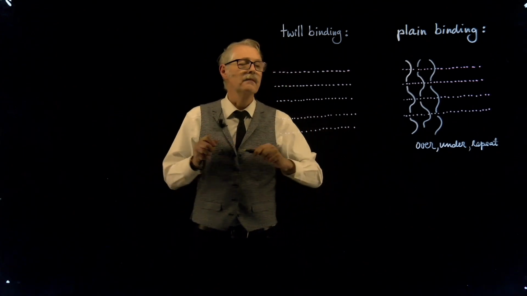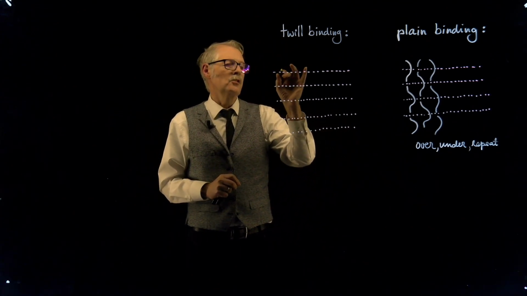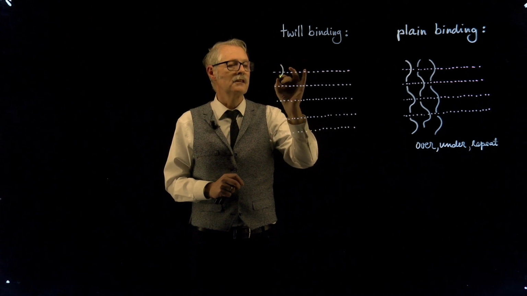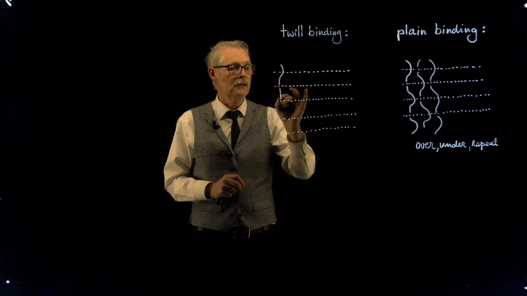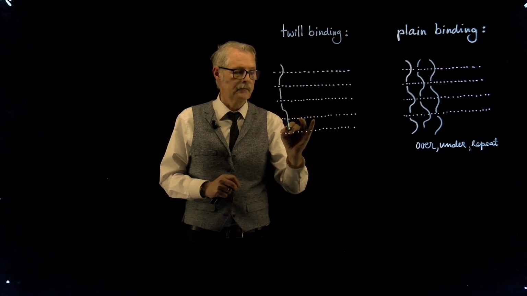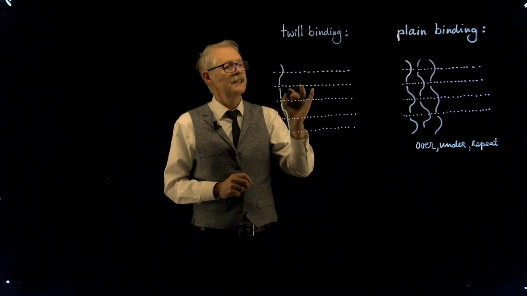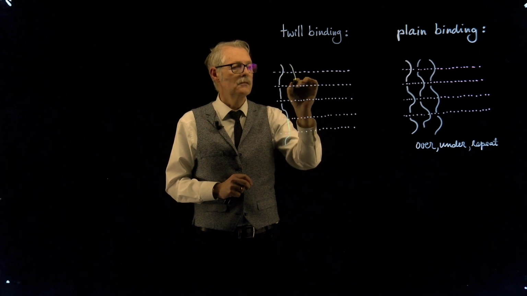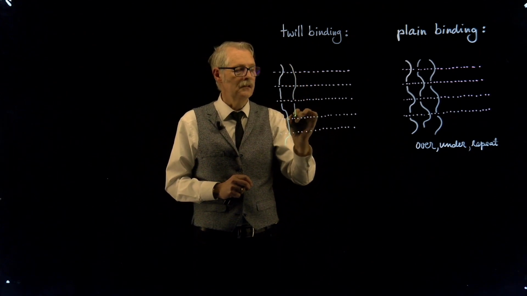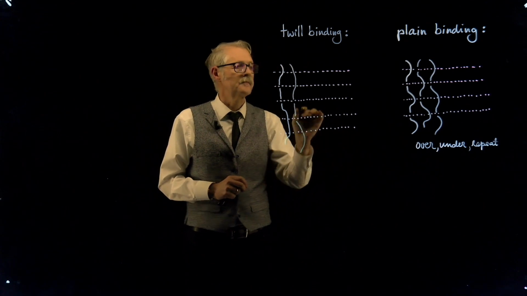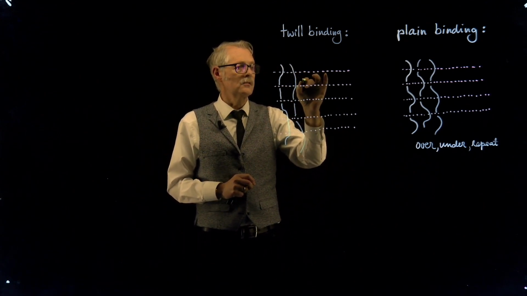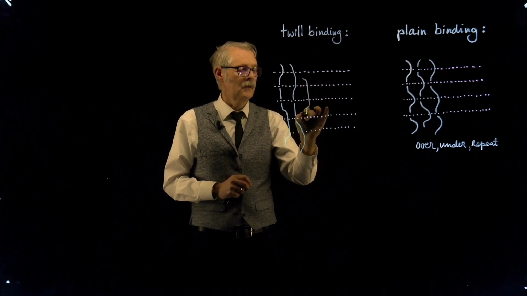Now the warp is more complicated, so it goes over, under, so two under, and now two over, and then two under again, and the next one shifts. So now we start with two over, under, two over. Let's do this one as well. It goes down, so the two over is here, under.